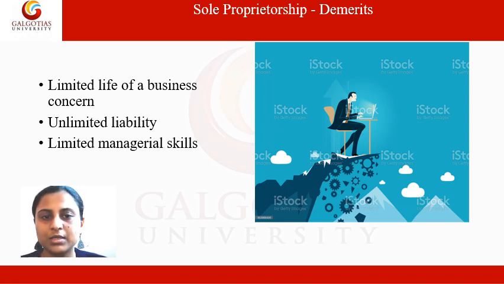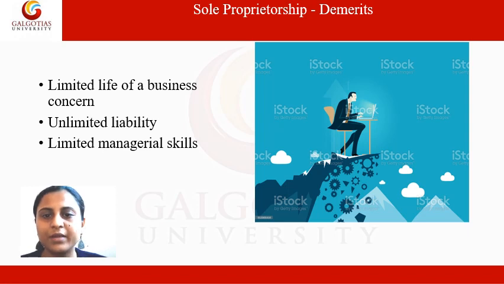Next limitation is limited managerial ability. Now, as we have seen, in sole proprietorship the owner has to assume the responsibility of various managerial tasks such as purchasing, selling, financing, etc. all by himself.